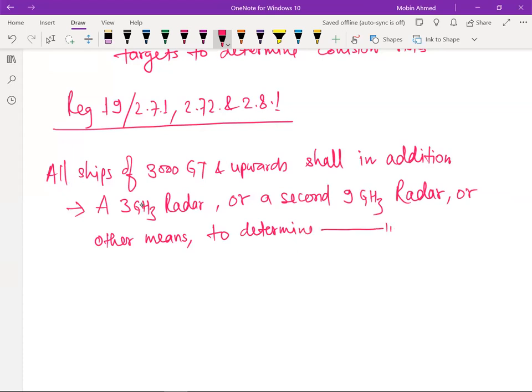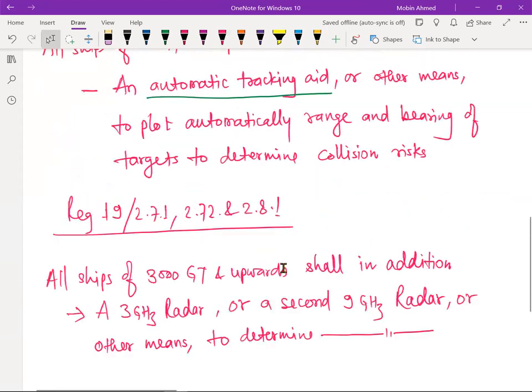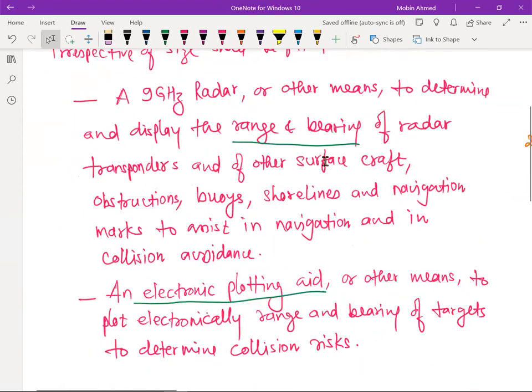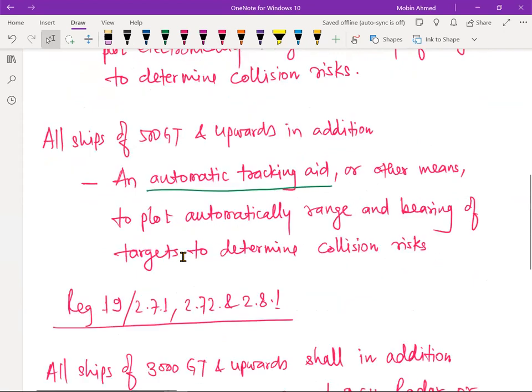Rest everything is same. Whatever is there from here, to determine, is the same up to the collision avoidance.